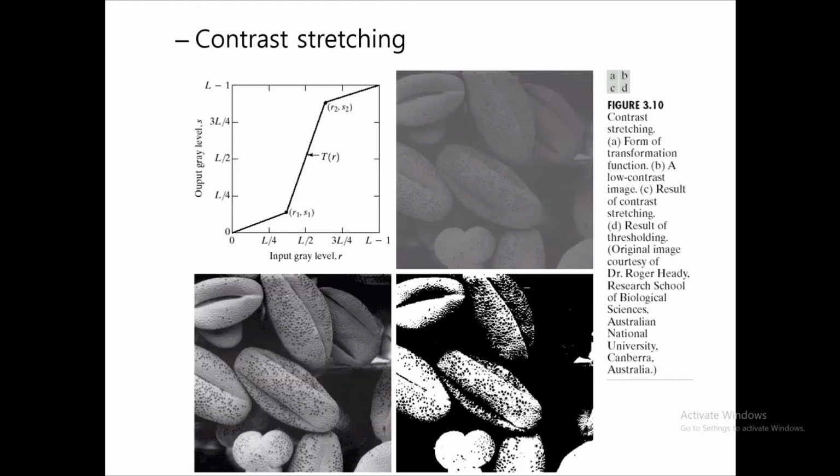This is our original image with low contrast, and when we set R1 less than R2 and S1 less than S2, we get this transformed image. Here this is the contrast stretched image, and here this is the binary image that we just discussed before. In this way we can get the contrast stretched image.